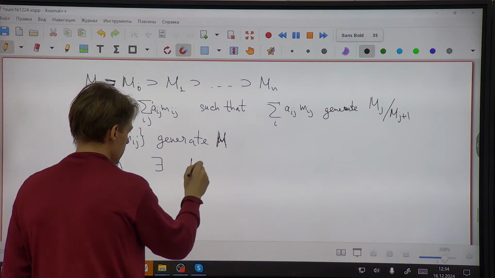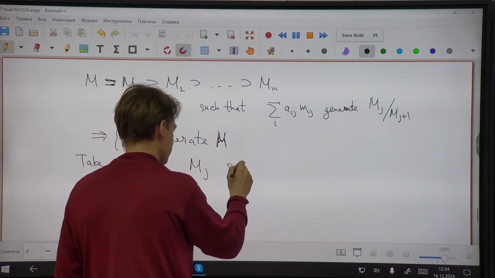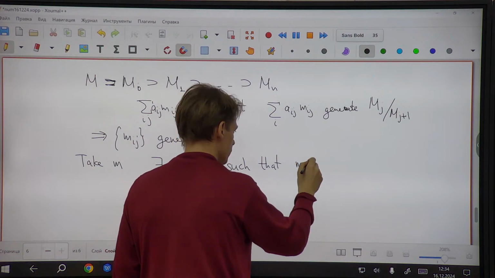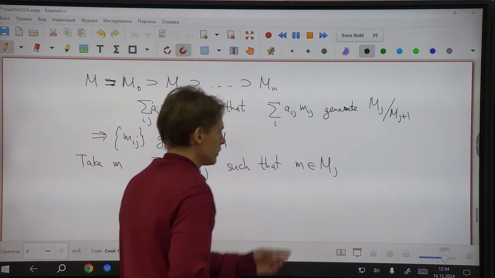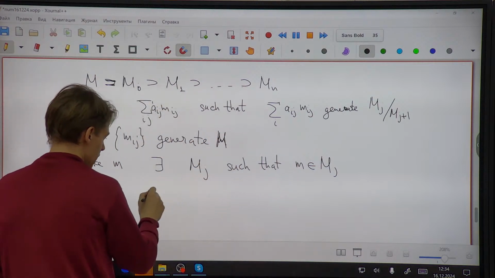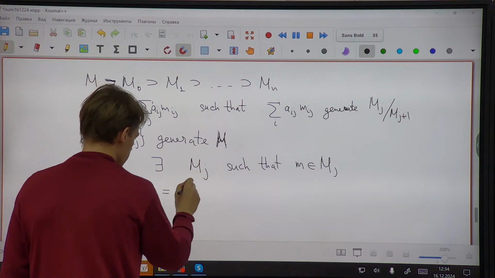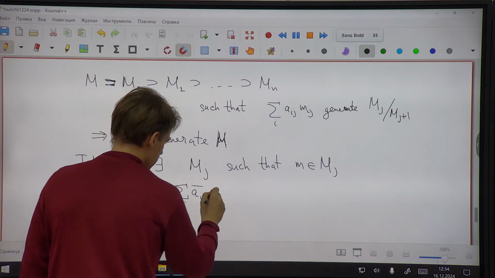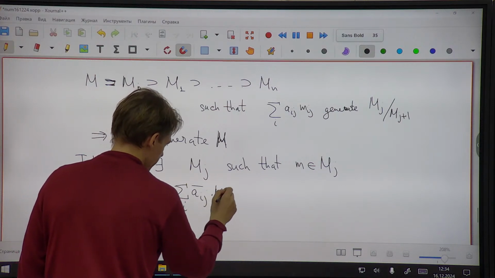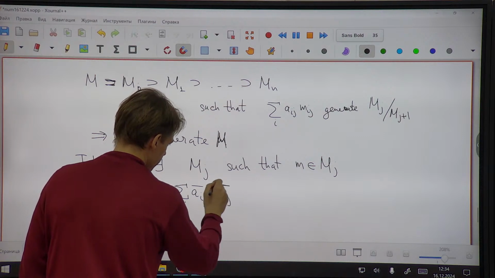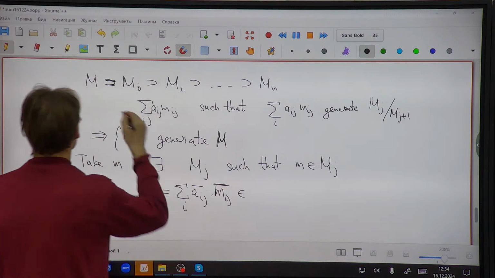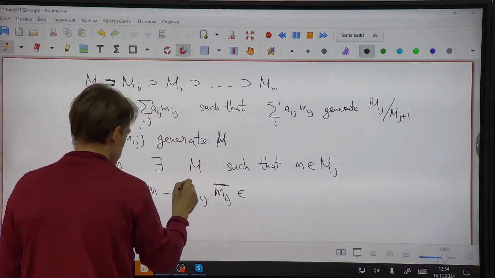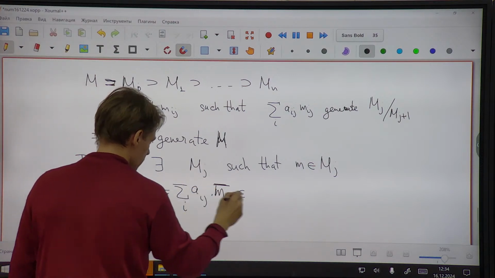There exists j such that m belongs to Mj, and write down m as the sum of a_ij times m_ij as a representative in the factor.